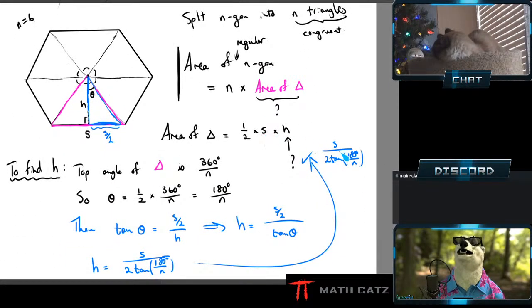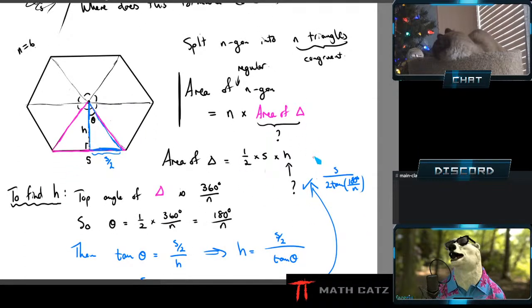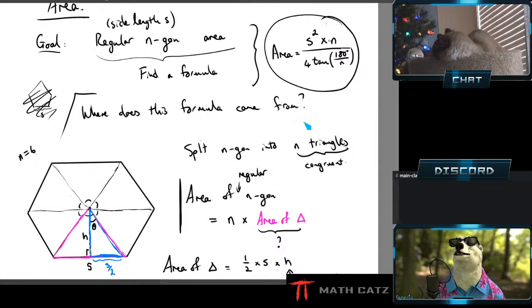I multiply by another S, and there's an S there already, so I have an S squared. Then to get the area of the polygon, I multiply by n because there are n of these triangles. So I have an n at the top. And we'll get our formula.